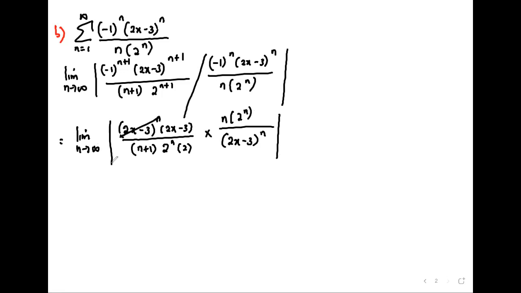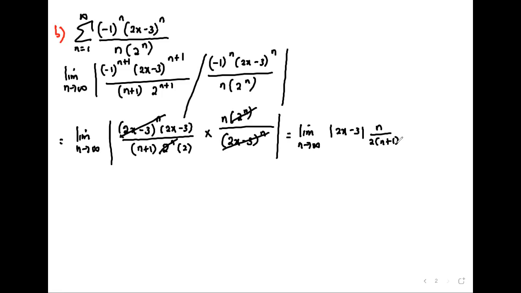So we have this and that canceling, this and that canceling. And so we remain with the limit as n goes to infinity, the absolute of 2x minus 3, and n over 2n plus 1.